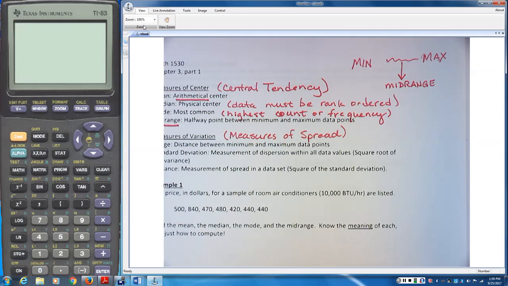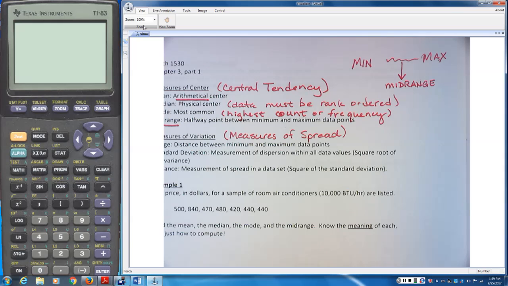So it's basically the midpoint of the range. It's easy to calculate because all you need is the smallest and the largest data value, which you can just look at your data and find, and then add them together and divide by 2.